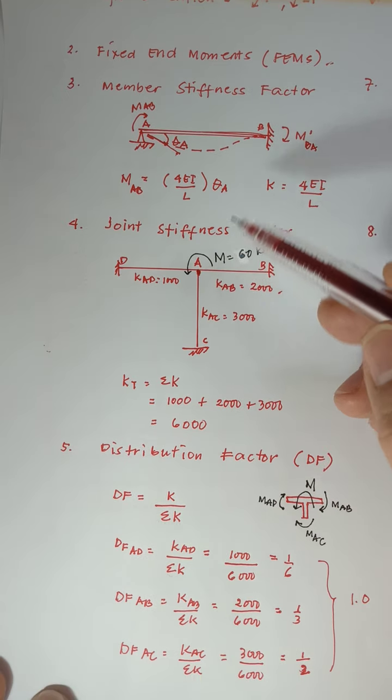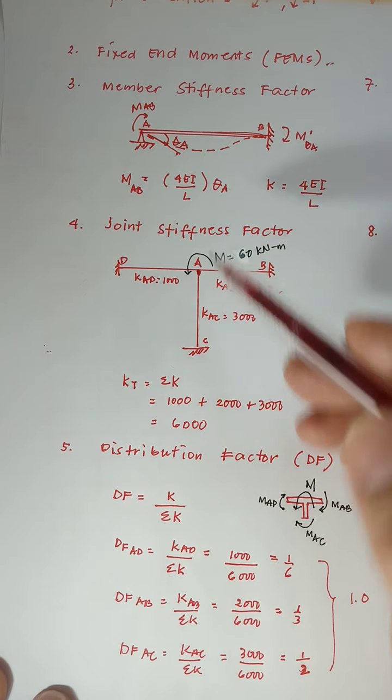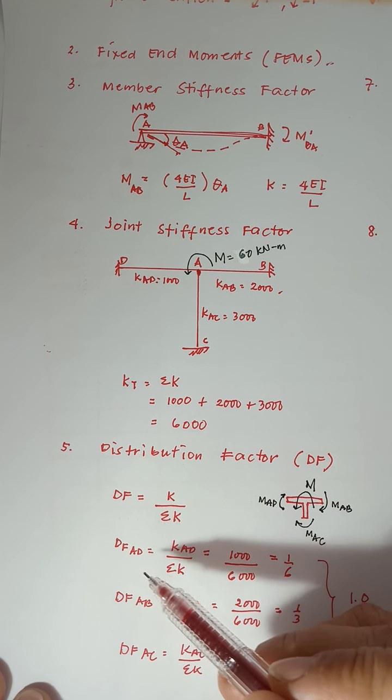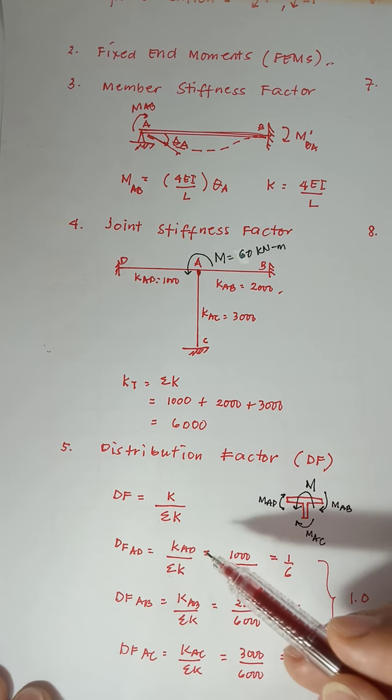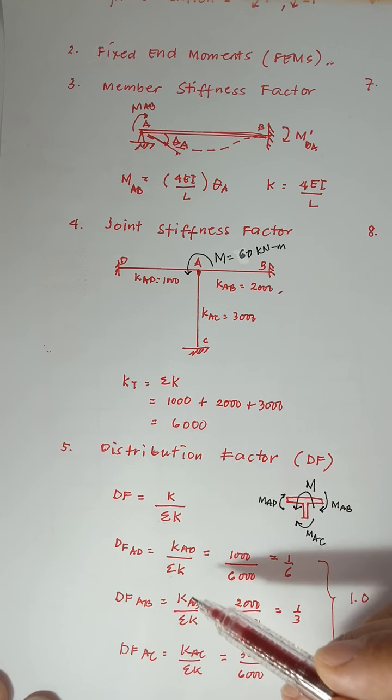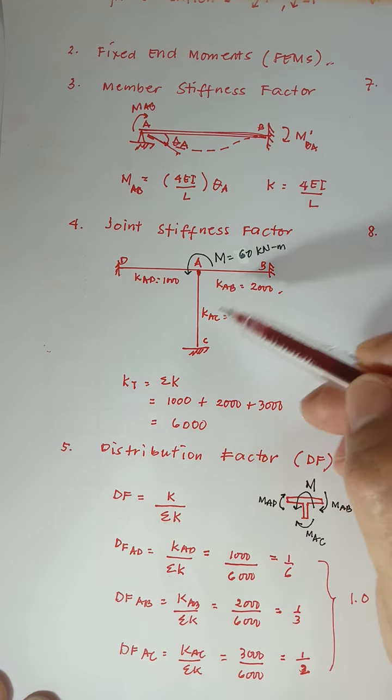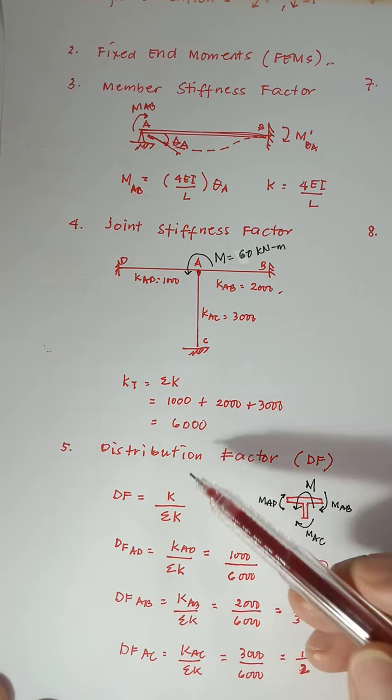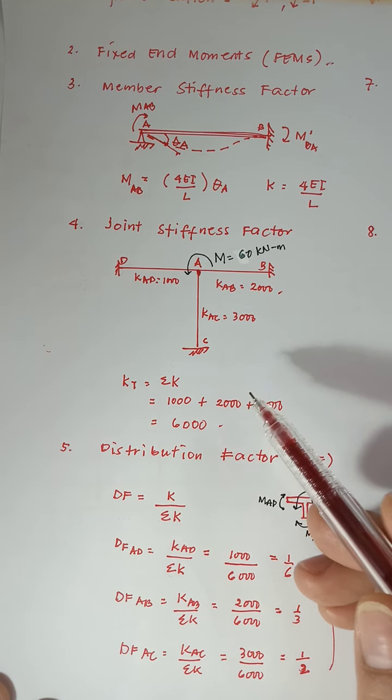So we have this example. The distribution factor of AD is equal to KAD over the summation of K of the members meeting at the joint. The joint stiffness is 6,000.